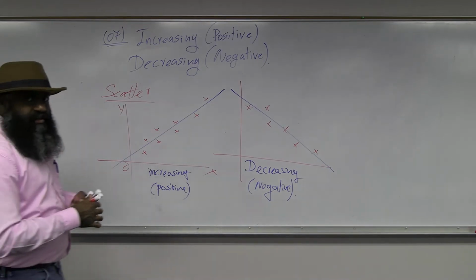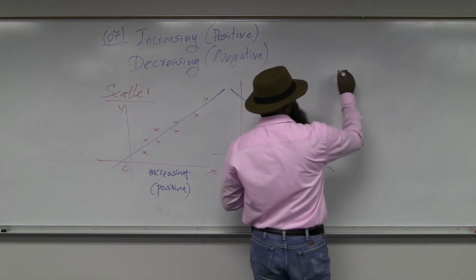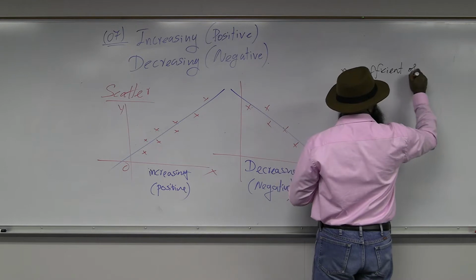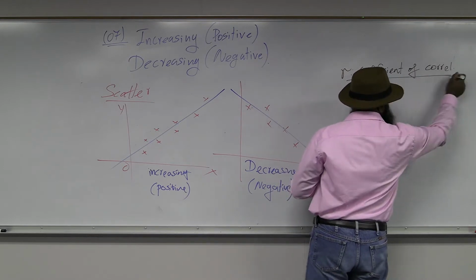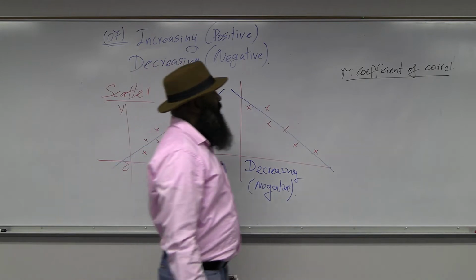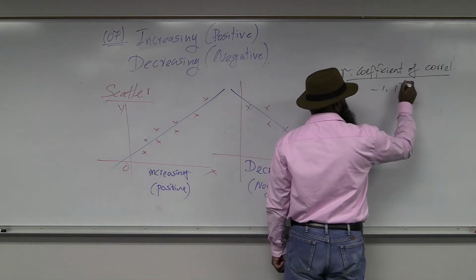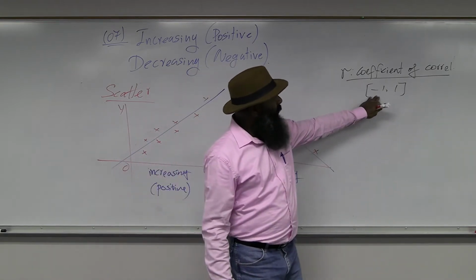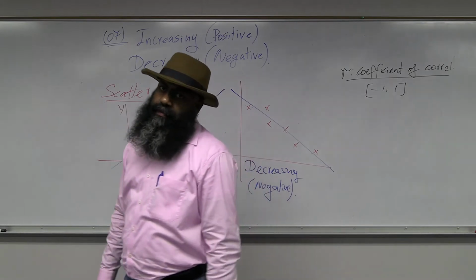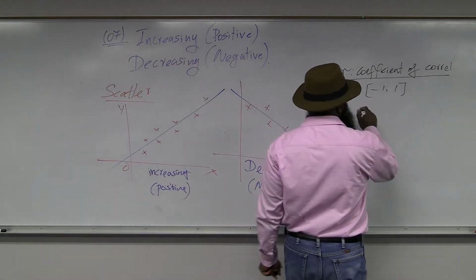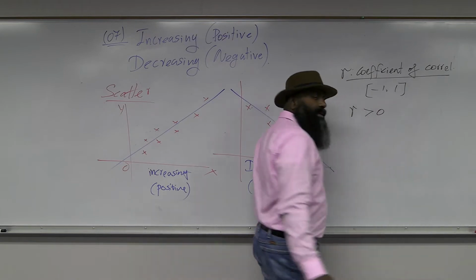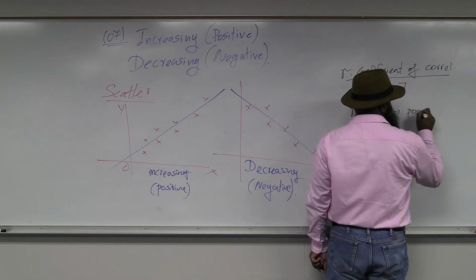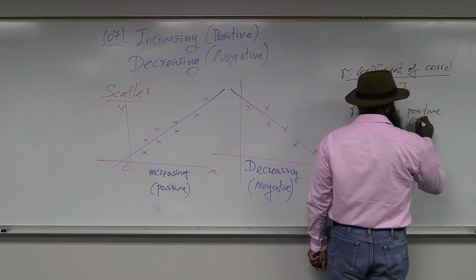And the second method we talked about was the coefficient of correlation. Remember, the coefficient of correlation is a value between -1 and +1. I wrote two brackets. This means all values from -1 to +1 are possible. If your r is greater than 0, it's a positive linear relationship, or in other words, increasing.